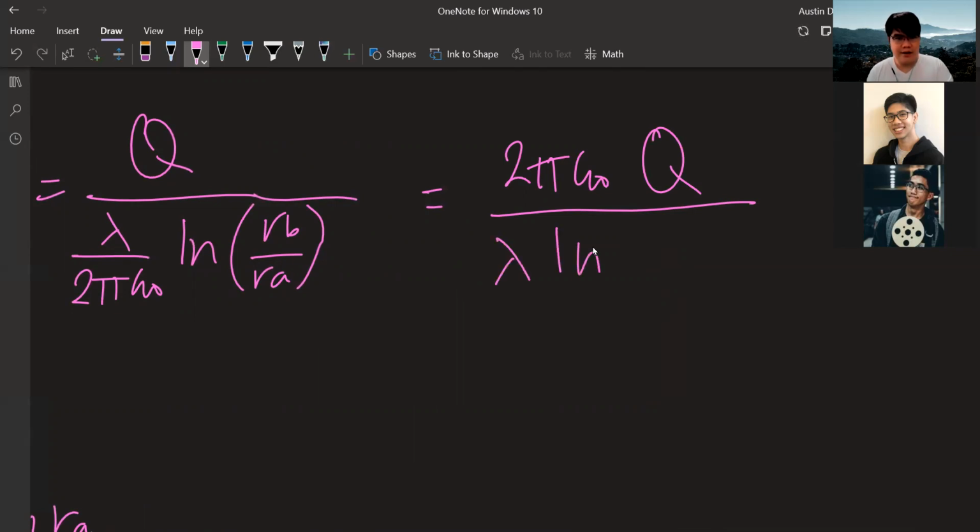Lambda ln RB over RA. Okay, double check ko lang. Okay. So hindi pa pala ito yung final answer.